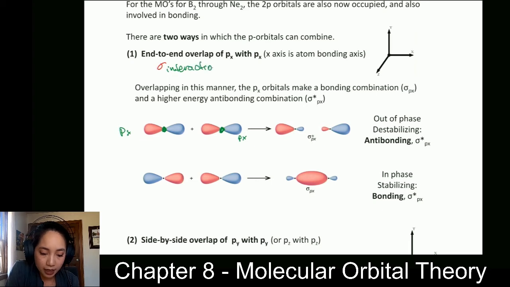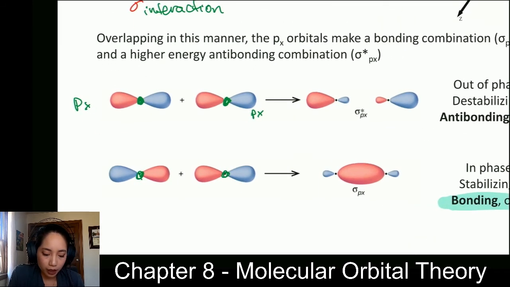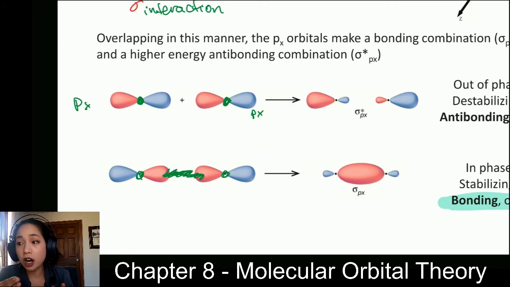So we see the bonding description, this is when the p orbitals are in phase. So you can see here, we have our atom and our atom. The head-on interaction is occurring between these 2 lobes that are in the same phase, so they add or interact constructively.